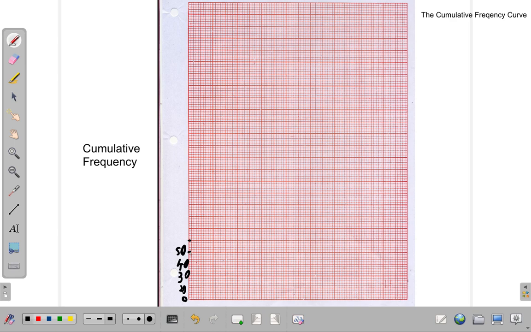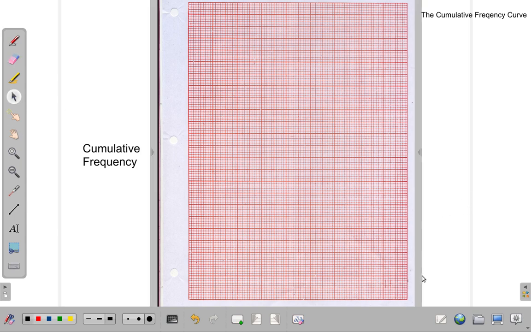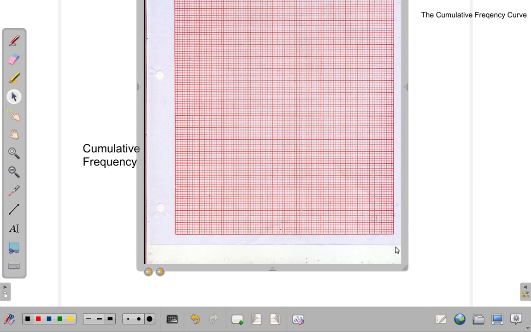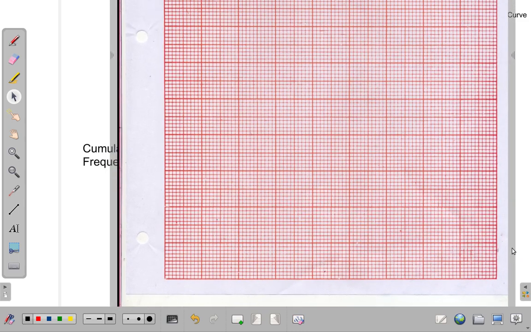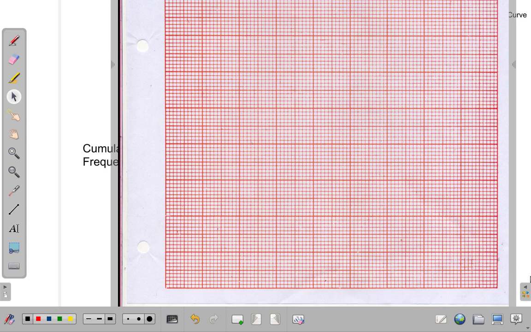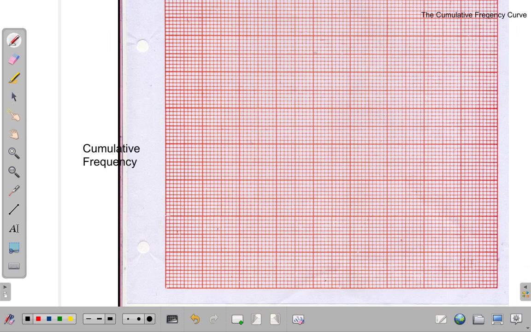Let me just mark the centimeters. In fact, let me just make it a bit larger just to explain what I'm talking about. If I increase the size of this and I put in 1 centimeter equals 20 units, what will happen in that case?